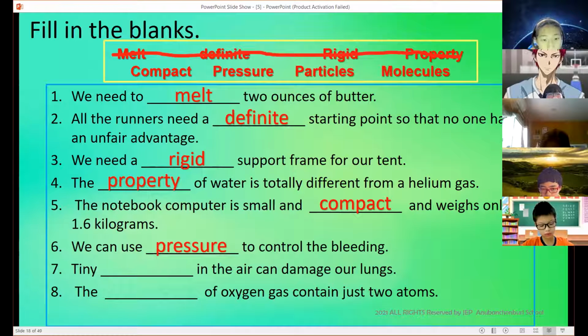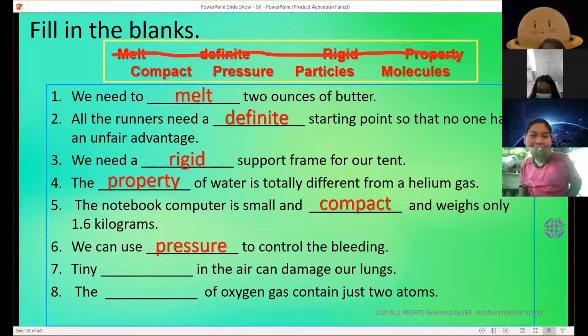Number 8. Who wants to answer number 8? Maybe I will ask Napichaya. What's your answer for number 7? Not number 8, number 7. Molecule. Tiny molecules in the air can damage our lungs.